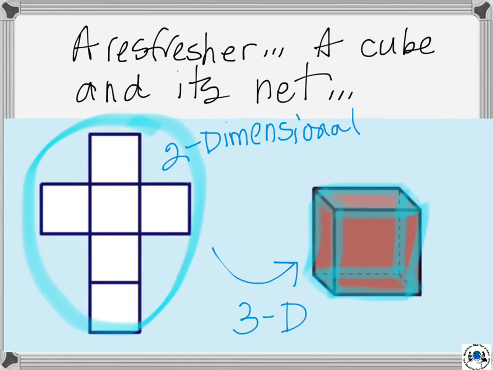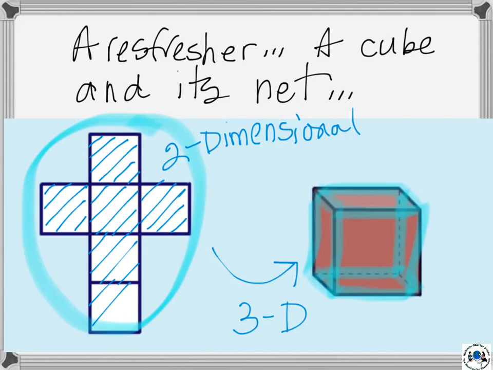So when we are doing surface area, we will be calculating the two-dimensional aspect of these three-dimensional objects, and that's the surface. We're actually just going to find out how many square units all of these faces and bases are actually worth.